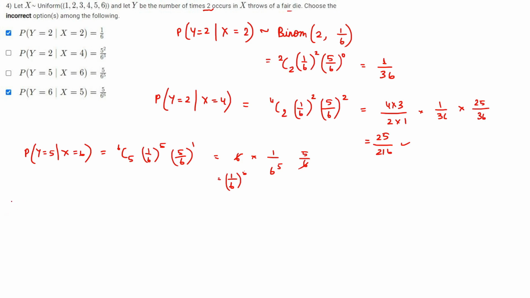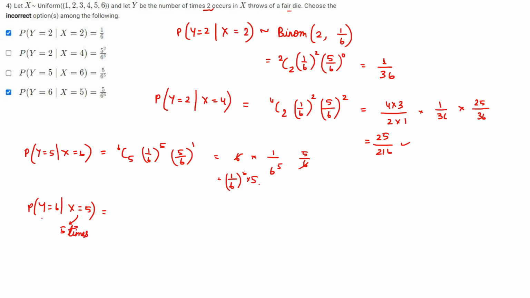The last one is P of y is equal to 6 given x equal to 5. Now, they are telling us x is 5, so it means that we are throwing only 5 times, right? So can we get 6? No, right?